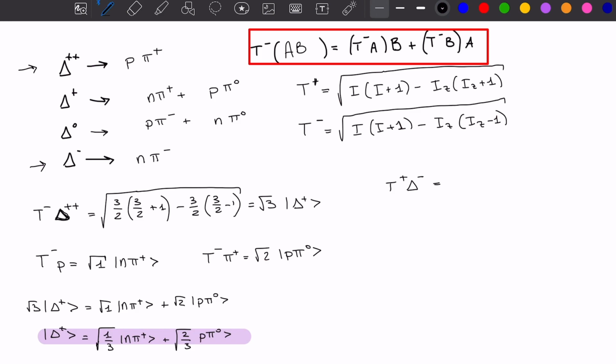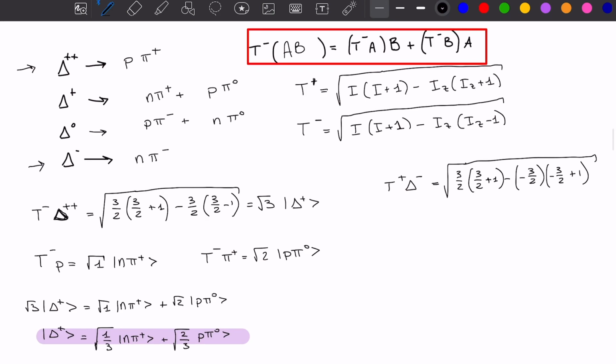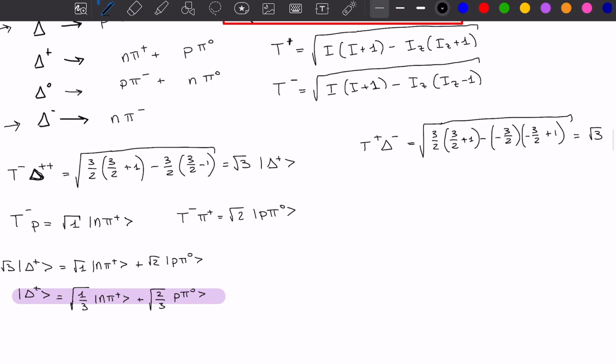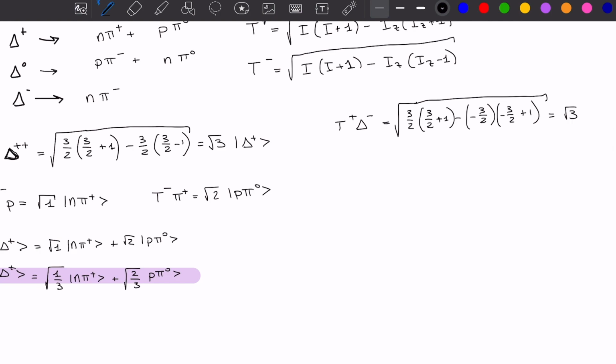And that will be the square root of 3 over 2 plus 1 times 3 over 2 minus minus 3 over 2 plus 1, and that gives us root of 3. Be careful with the signs because otherwise you will get it wrong.